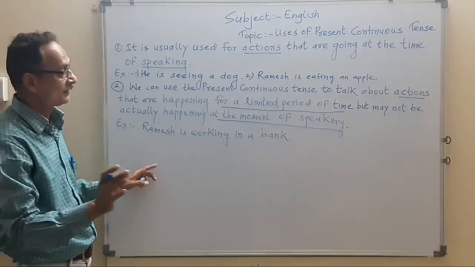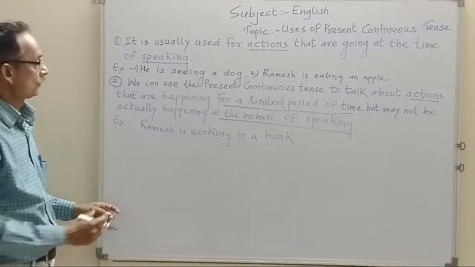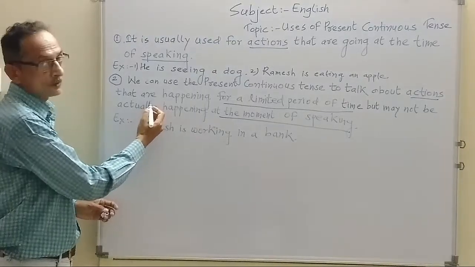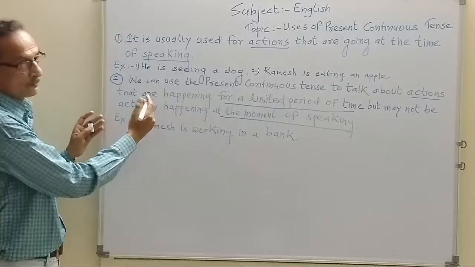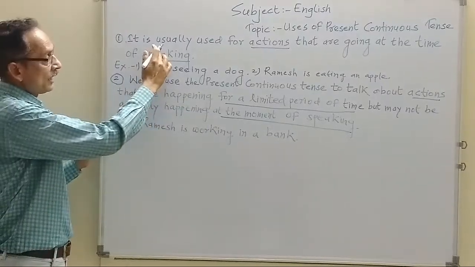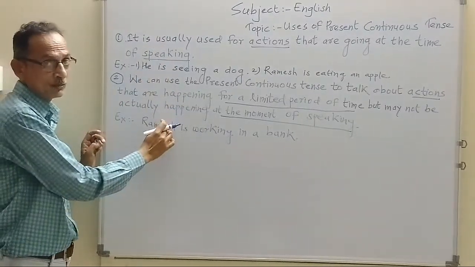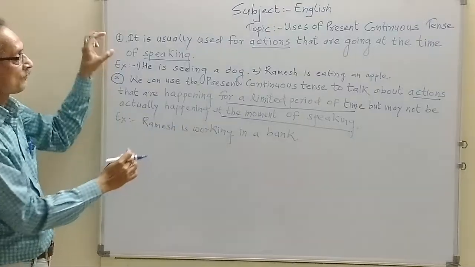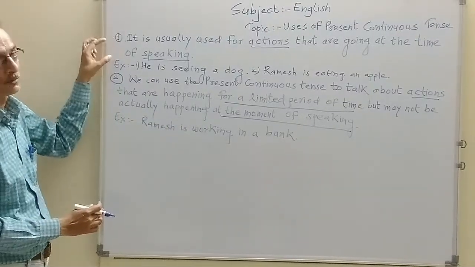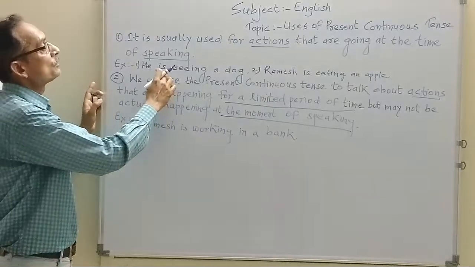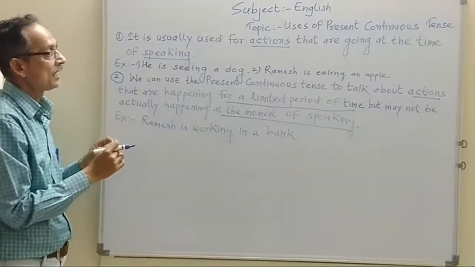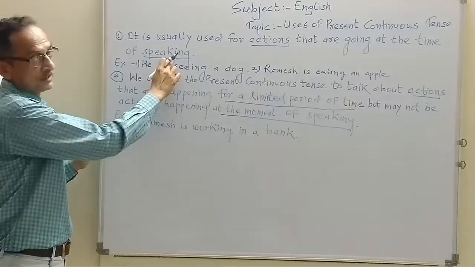Now you see the difference. The difference between the first use and second use is that in the first use we use the present tense for the time of speaking.